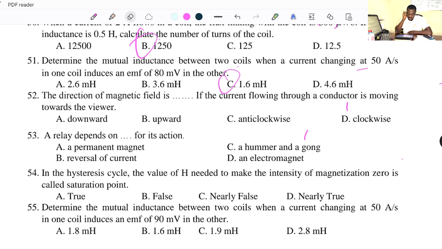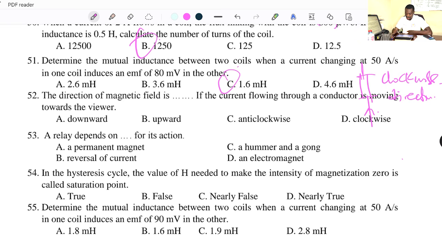We know that when it comes to current passing through a conductor, if the current is moving away from the viewer, and you use a grip rule, the current will be clockwise. We have clockwise direction. But now we have been told that the current is flowing through the conductor and it's moving towards the viewer.